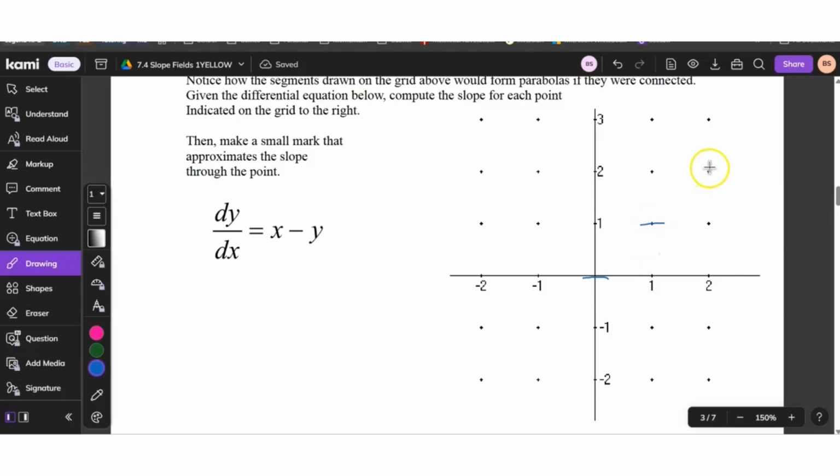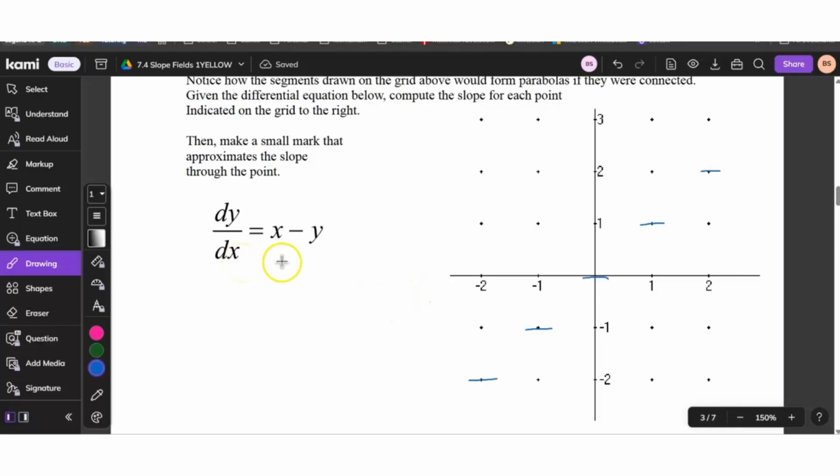So I can go ahead and put in all of those ones, right? Does that make sense to everybody? If it's x minus y and x equals y, it's 0. You could fill in all of those points, and that's what we're going to do now.